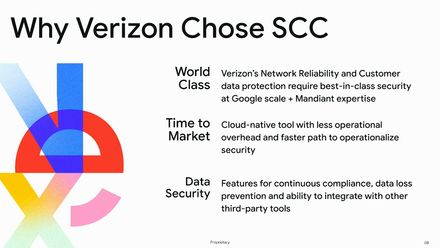So why SEC? Among a lot of things, the top three we can come up with start with world-class. We run a very big world-class network with our 100 million plus Verizon cell phone customers. We have new technologies like 5G home, and the data we carry for our enterprise customers on our worldwide networks, some very sensitive stuff.